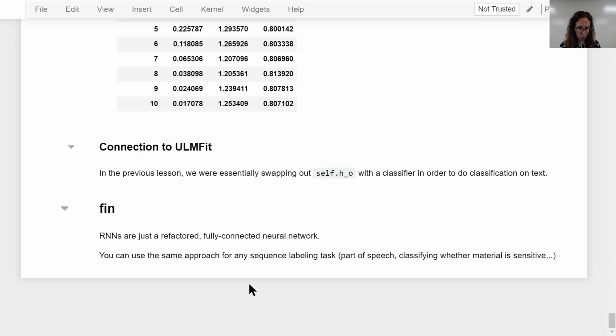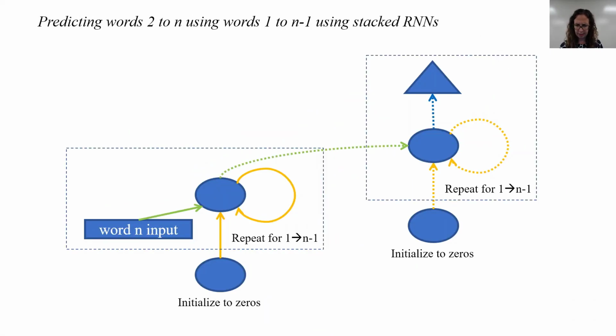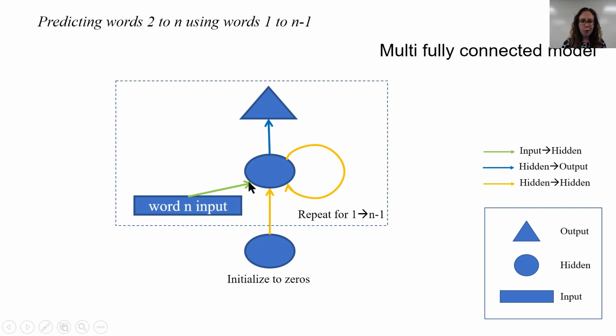Let me go back to the slides. Before, what you had to learn was simpler: you were just learning this matrix of green arrows, your embedding, and then the orange matrix, the linear layer from hidden to hidden. You're learning these two things and adding them together to get this activation.